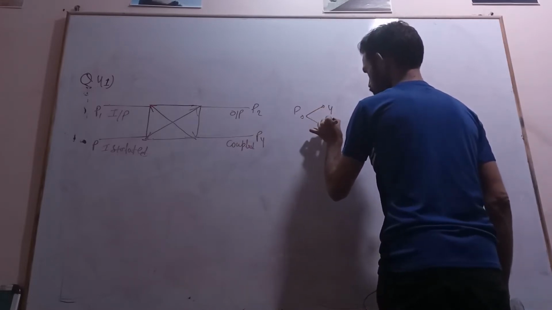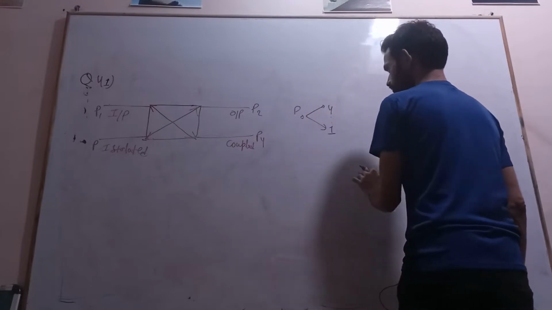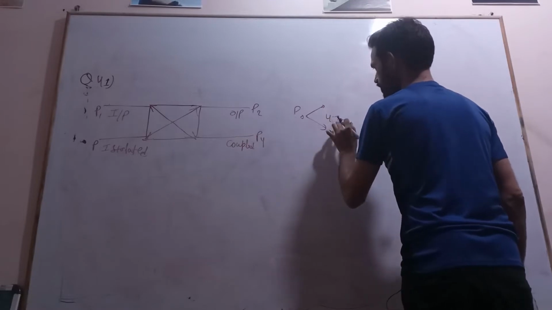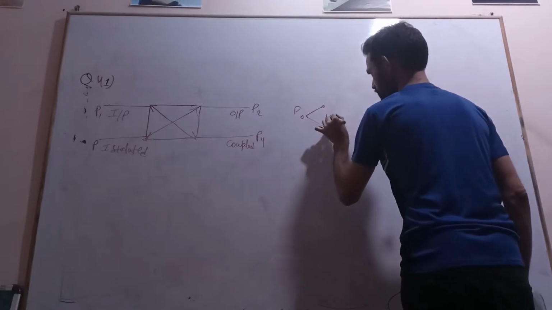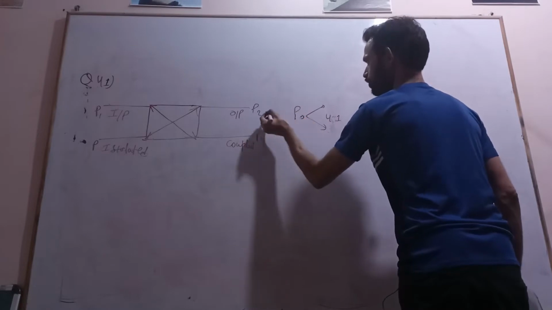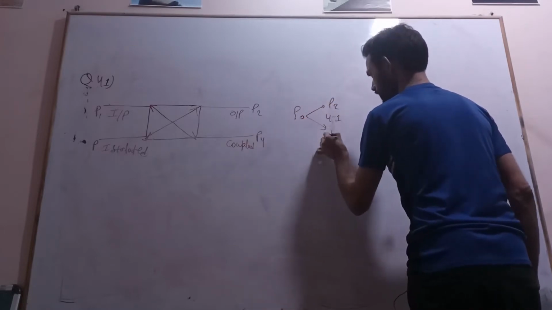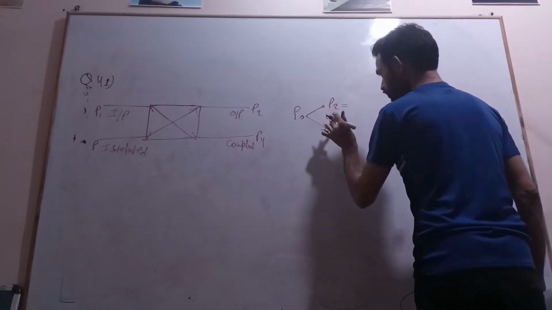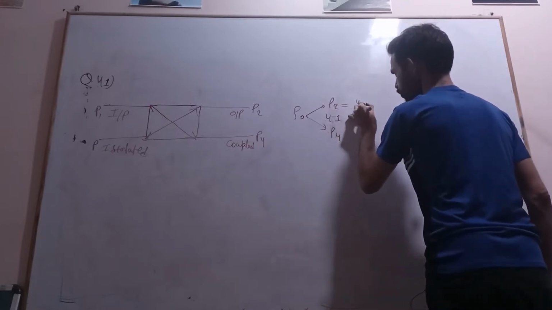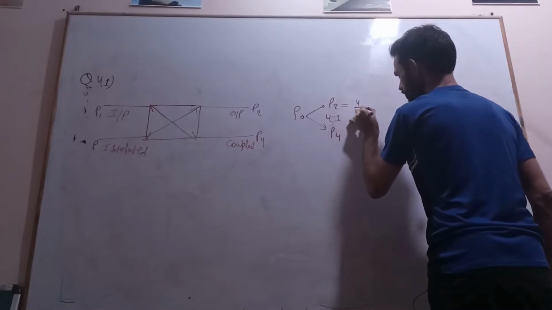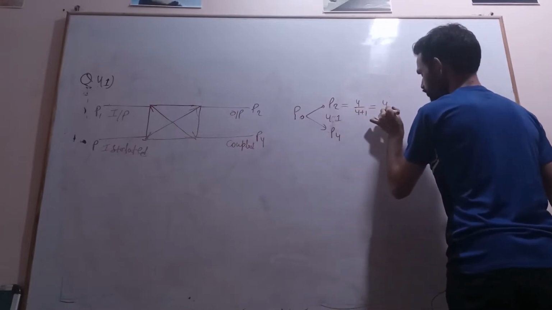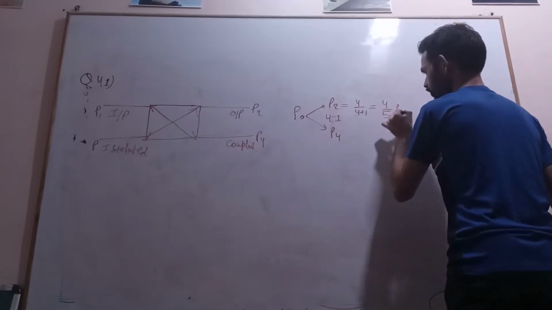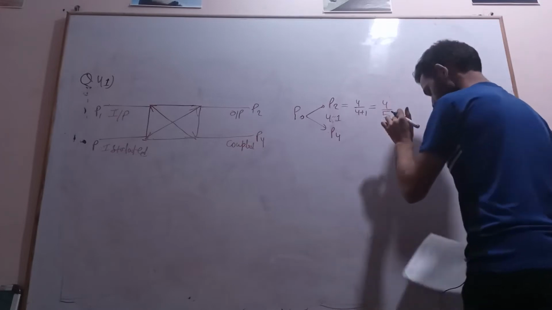So this is P naught, P2 and P4. If you see P2, the 4 is to 1 ratio means 4 by 4 plus 1, that is 4 by 5 of the input power P1.